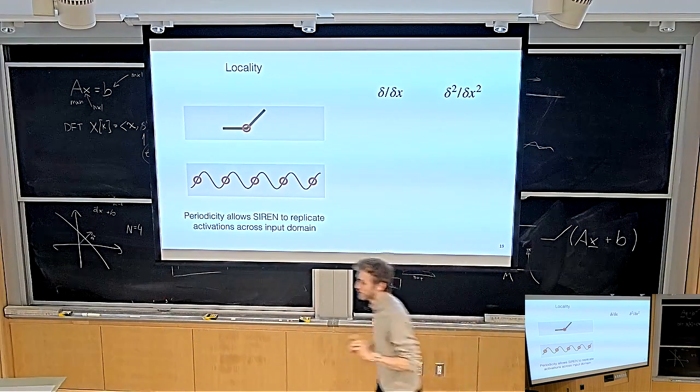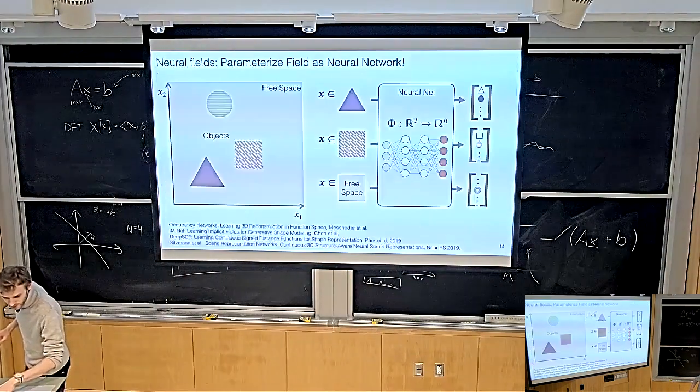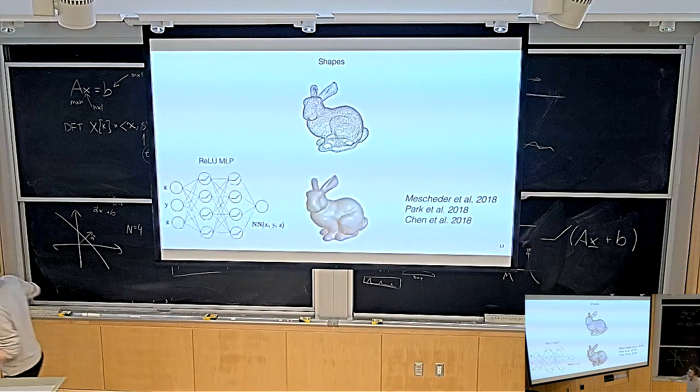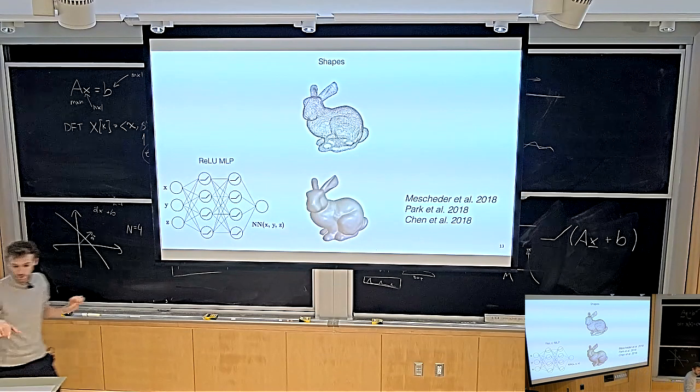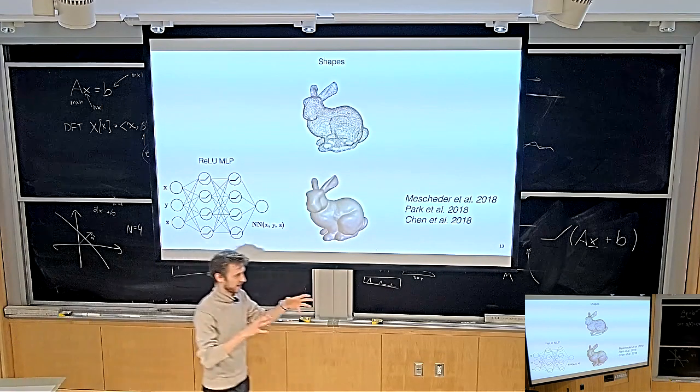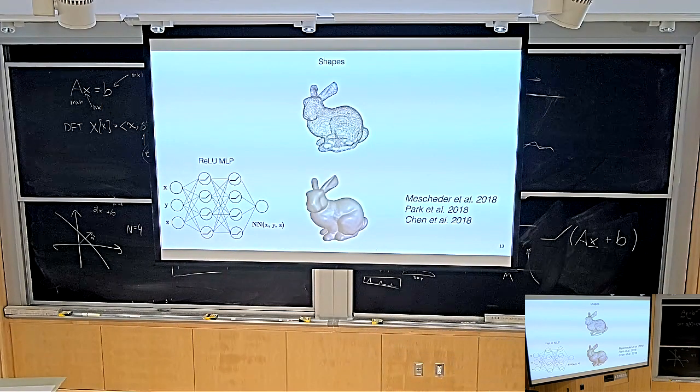So actually, if you go back to this little bunny and you look very closely, I'm not sure if you can see it, you can see little edges on the surface if you look closely at the shading. It turns out that if you parameterize a shape with this neural implicit representation and you zoom in really closely, you can see lots of tiny facets. That's because what the ReLU neural network does at each layer is basically this.